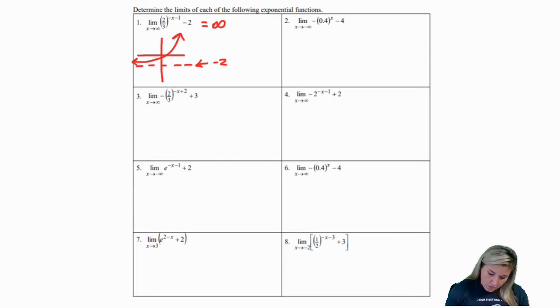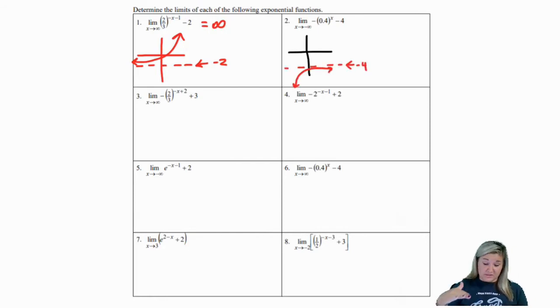So our graph is going to look like this. Our horizontal asymptote is there at negative 4. So as x approaches negative infinity, our graph is going to approach negative infinity as well.